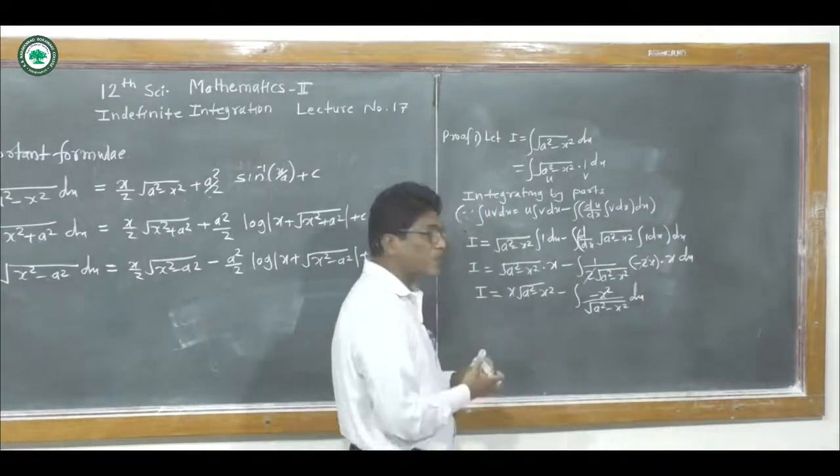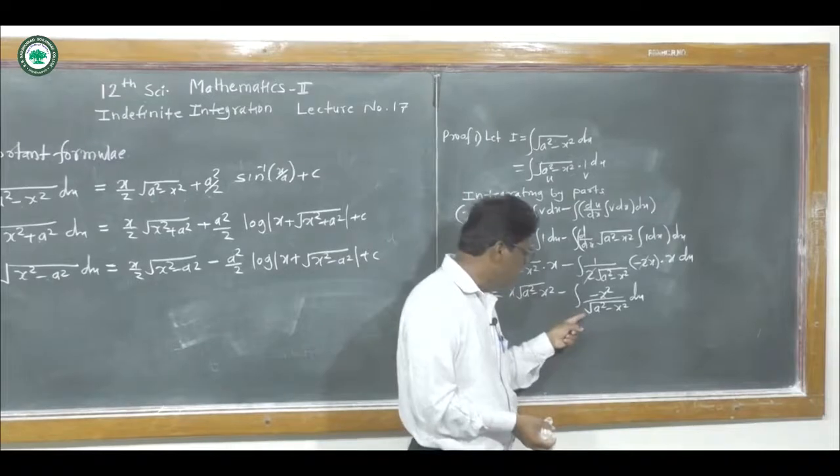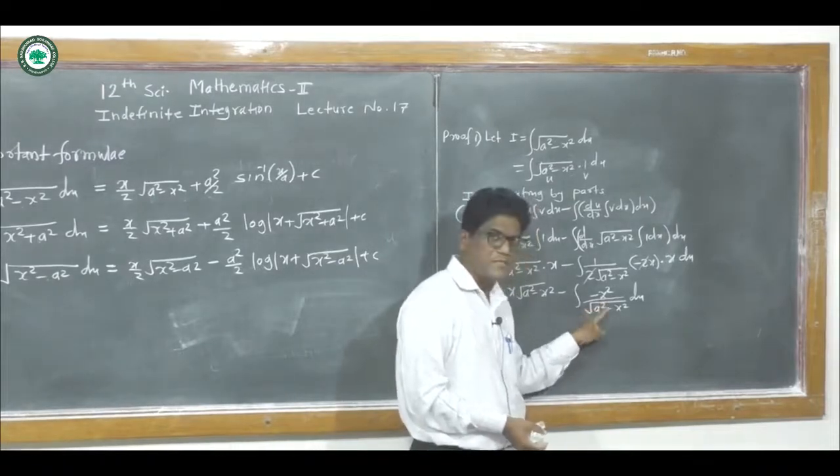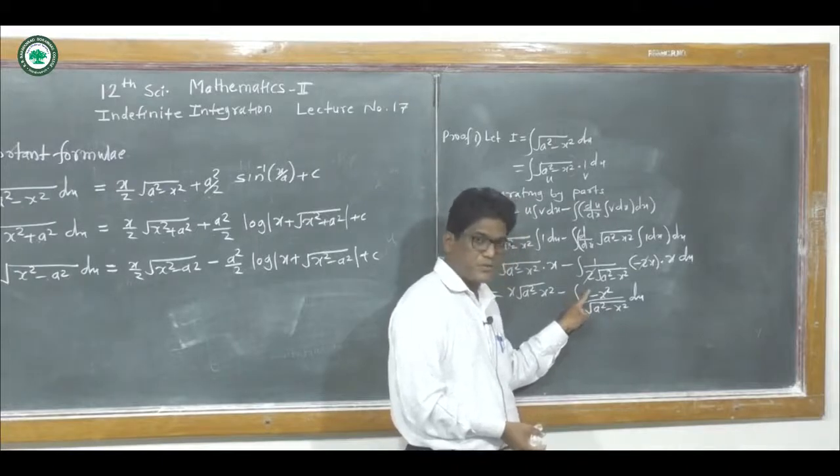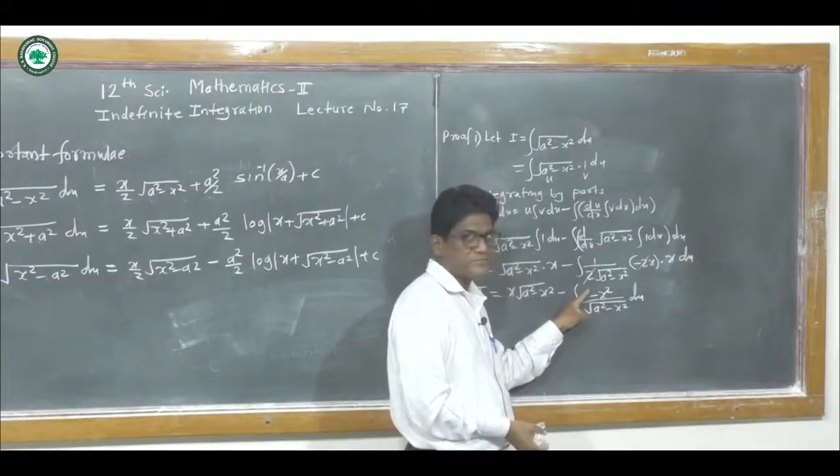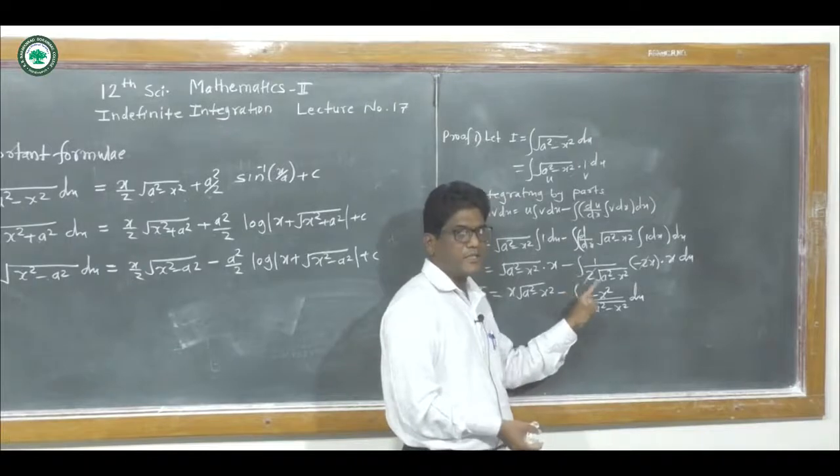Get it? Now we have to adjust. In the denominator there is root of a square minus x square, and in the numerator minus x square is present. So we add a square in the numerator.